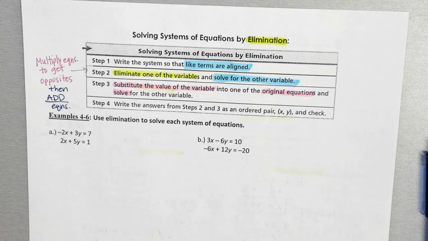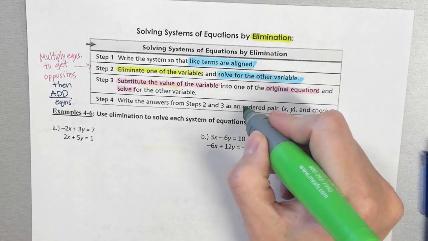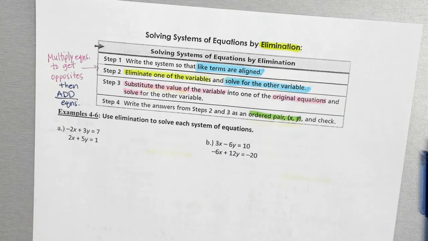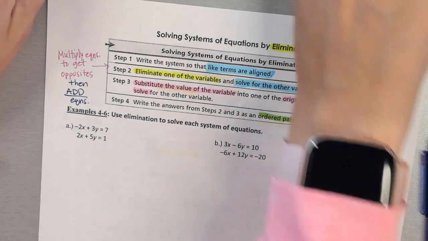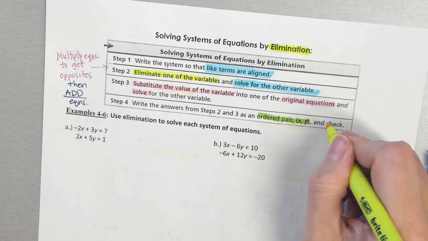After you do that, you're going to substitute the value of the variable into one of the original equations and solve for the other variable. And then lastly, you are going to write those as an ordered pair. And again, you can always check that.